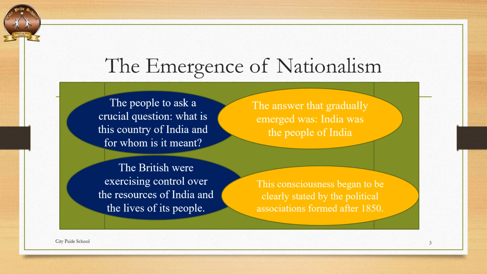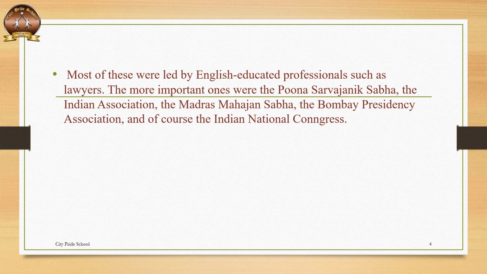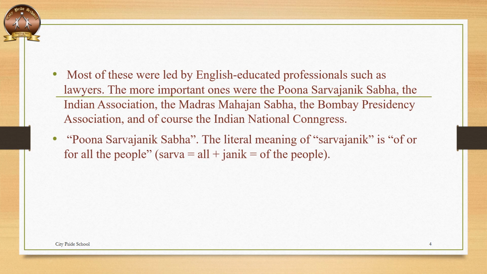This consciousness began to be clearly stated by the political associations formed after 1850, especially those that came into being in the 1870s and 1880s. Children, we have discussed that people of India realized that Britishers were using the revenue of India to meet the revenue demand of the East India Company.